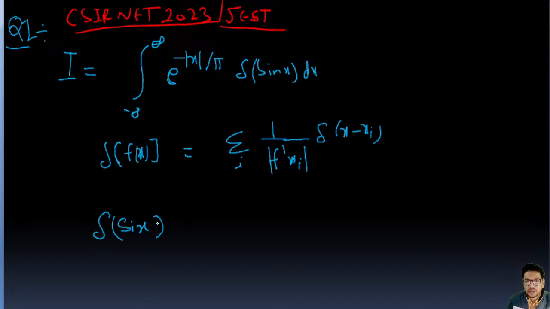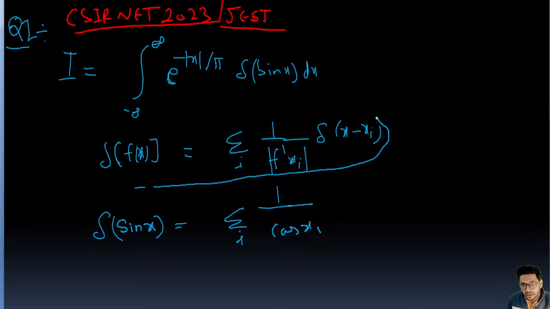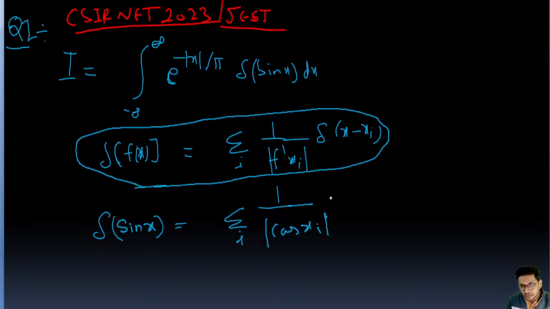So delta sin x is going to be the sum over i of 1 upon mod f dash of xi, where the function f is sin x. The differentiation of sin x is going to be cos x, so it is cos xi, using this formula: 1 upon mod cos xi, times delta x minus xi.